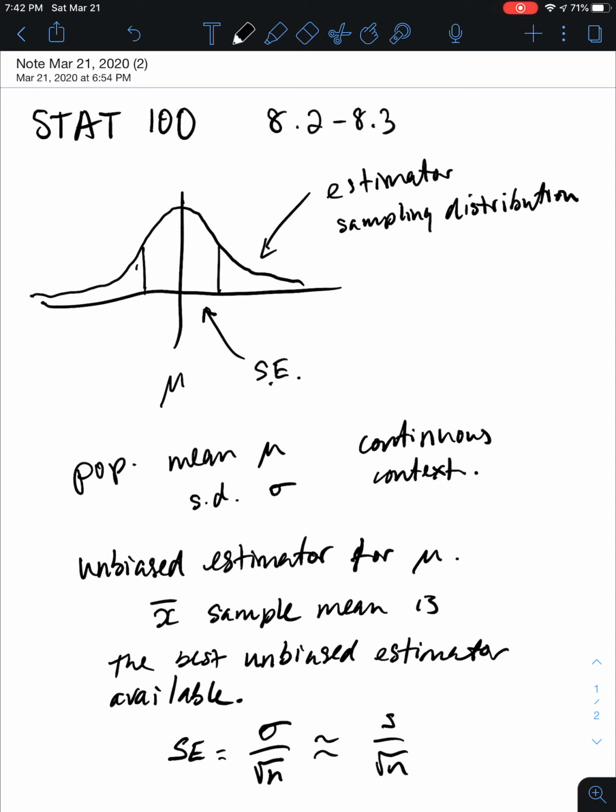Now, the margin of error corresponding to a 95% confidence level is plus or minus 1.96 times SE.